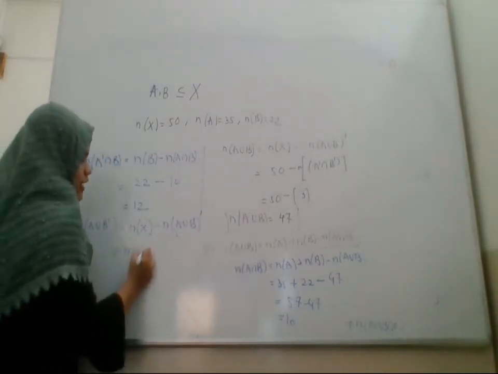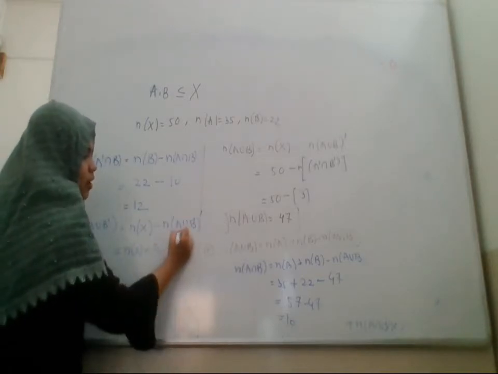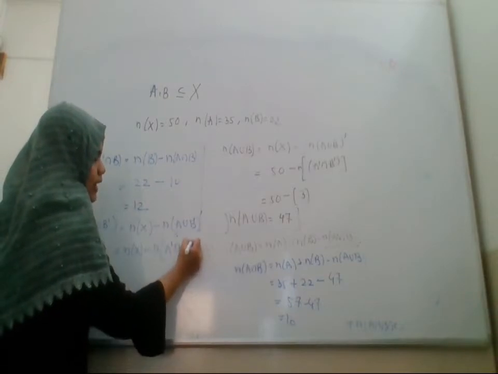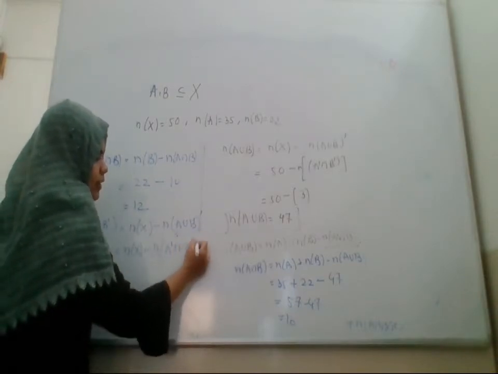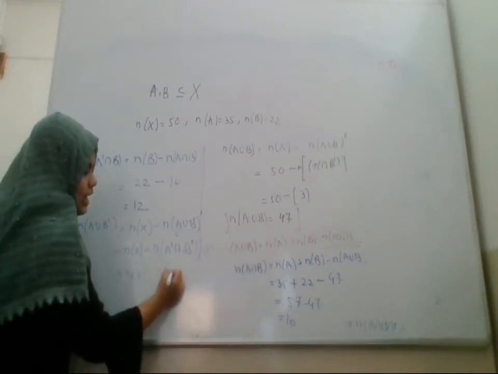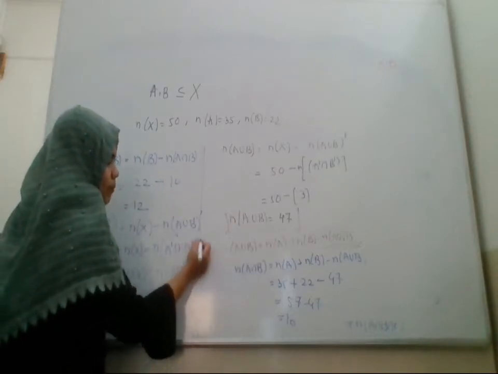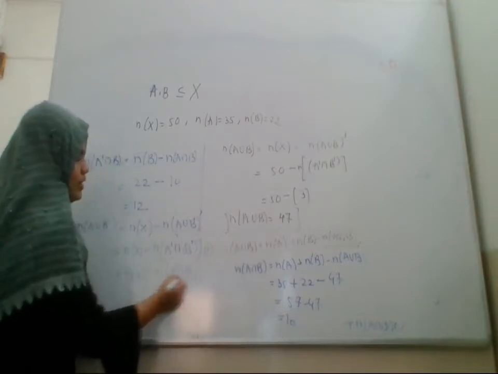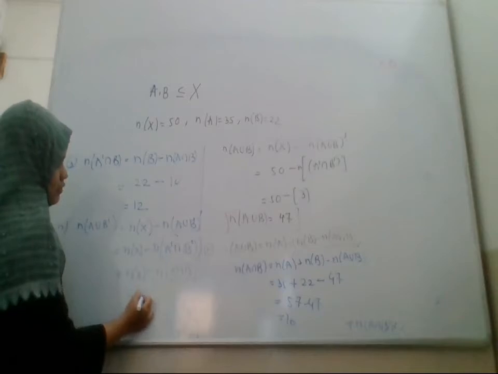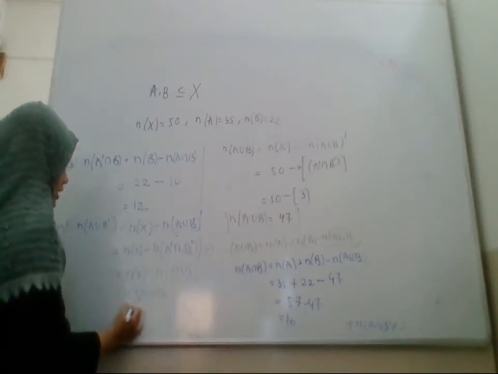So this is n of x minus. Now apply De Morgan's theorem. So it will be A complement intersection B complement का complement, B complement का complement. So that is n of x minus A intersection B complement is B only, and just now we have calculated this term. So n of x means it is 50 minus 12, so the answer is 30.